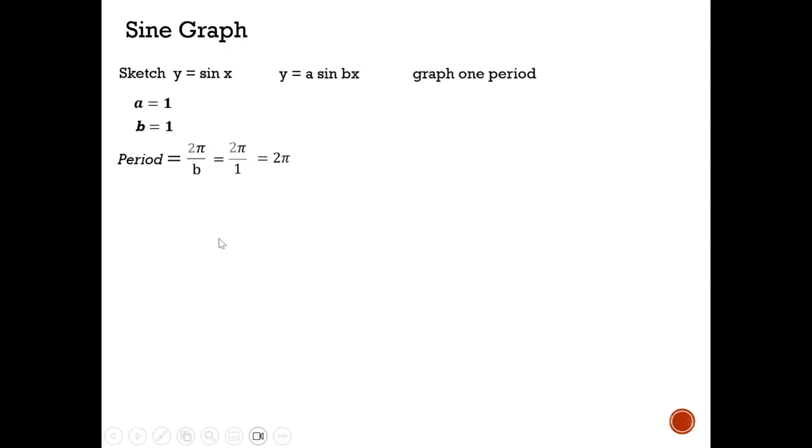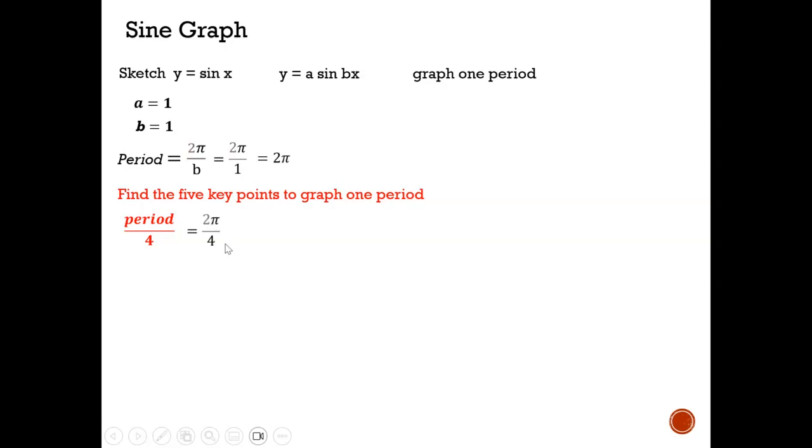Now here's how you find the 5 key points. Both sine and cosine start at 0, so we're going to start at 0. But before that, I need to find the other points. We take the period, which is 2 pi, and divide by 4. You always divide by 4. This is always the formula: period divided by 4 to get the 5 key points.